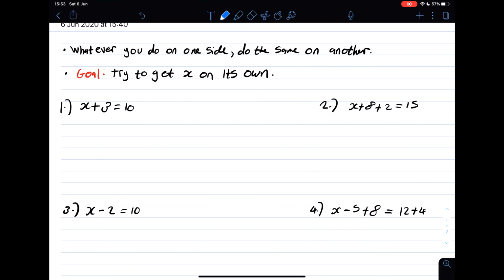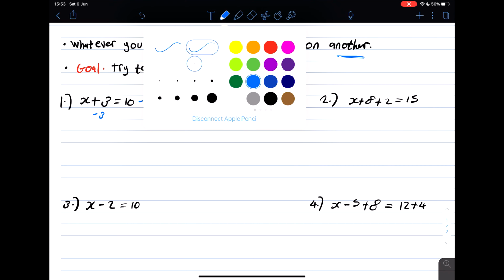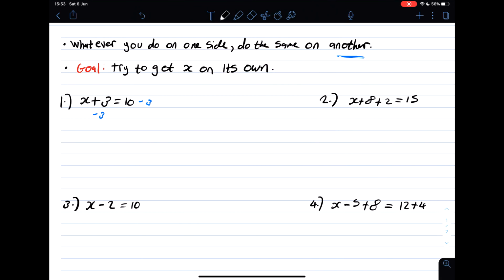how do we remove plus 3? How do we get plus 0? Well, to remove plus 3, you have to minus 3. But remember, whatever you do on one side, you have to do the same on the other side. So then you have 10 minus 3. And now x plus 3 minus 3 is 0.